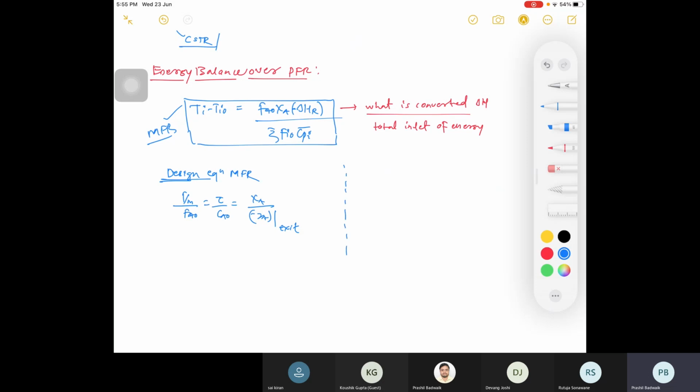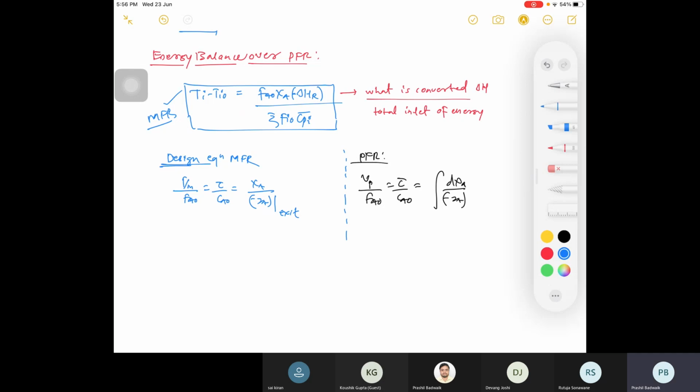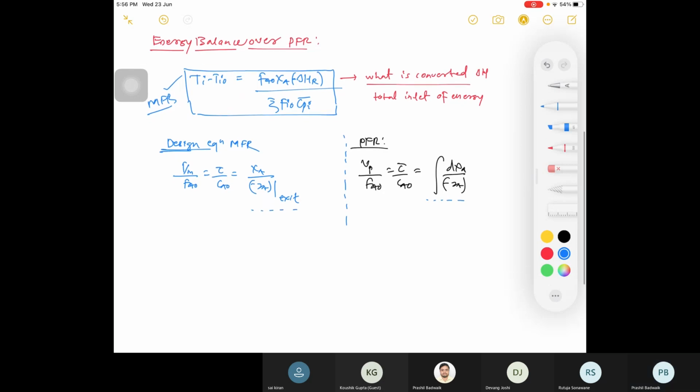While in case of your PFR, what was that equation? V_PFR divided by F_A naught is equal to tau divided by C_A naught is equal to the integration of dX_A divided by minus R_A.